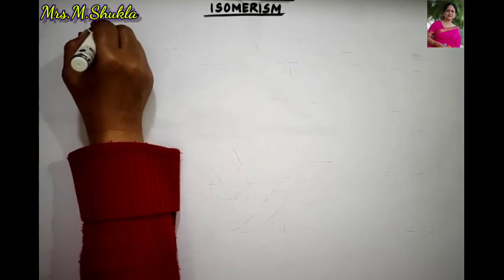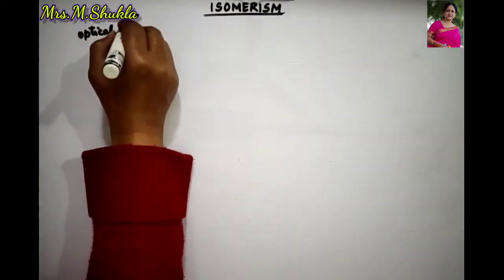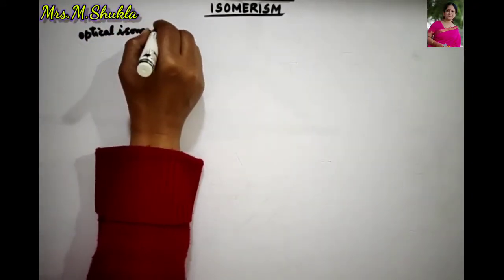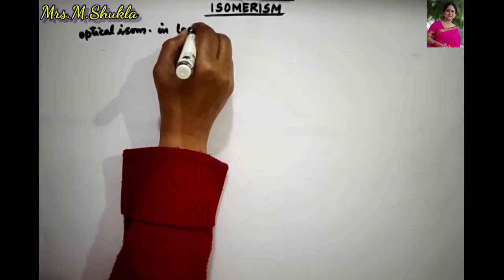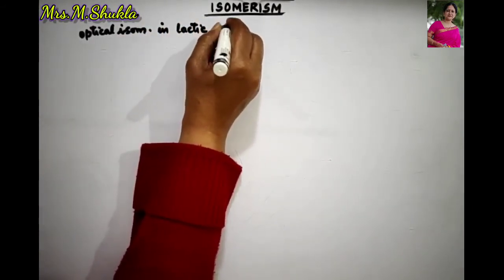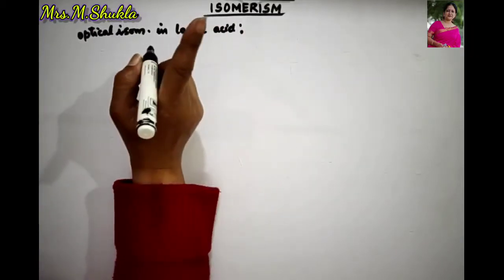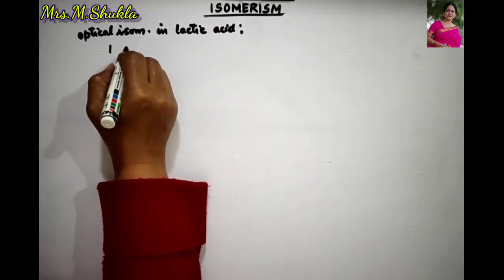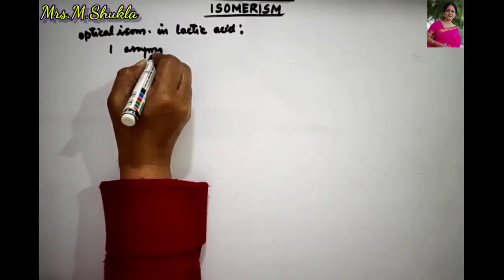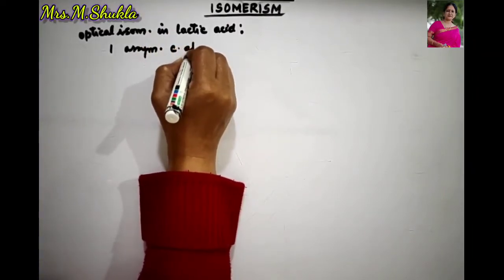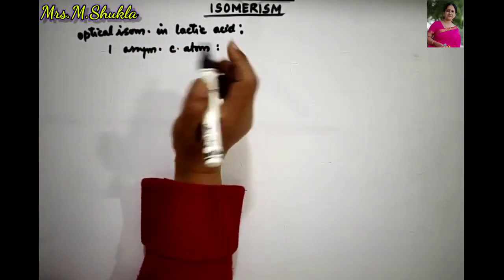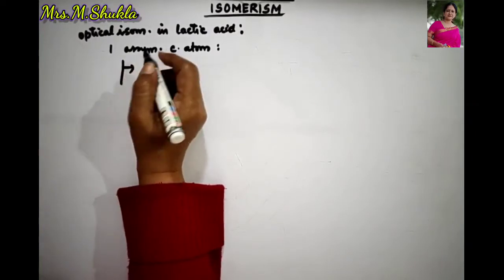About optical isomerism in lactic acid, right? Lactic acid has one asymmetric carbon atom, right? And therefore it exists in two forms. What are those two forms?